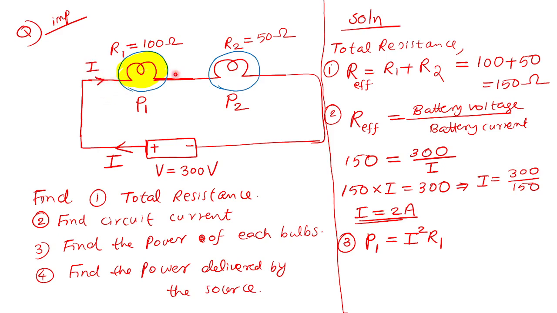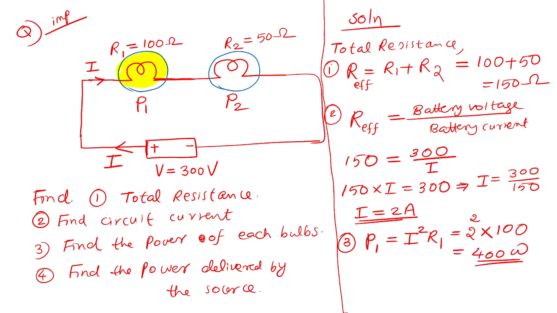I is 2 ampere. 2 square into R1. R1 is the resistance of the bulb. It is 100. 400 watts.